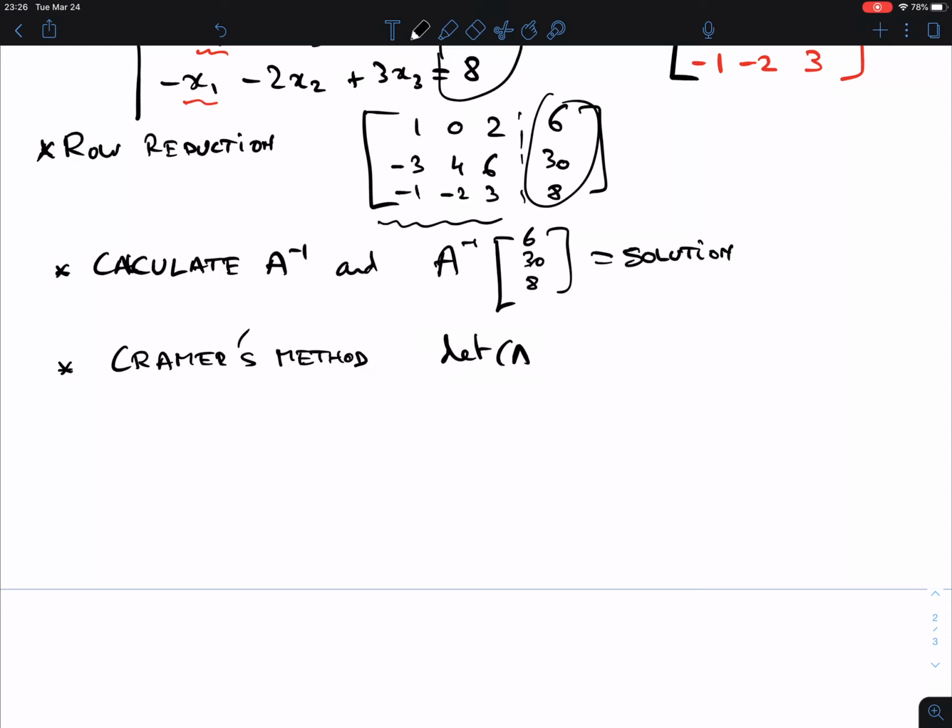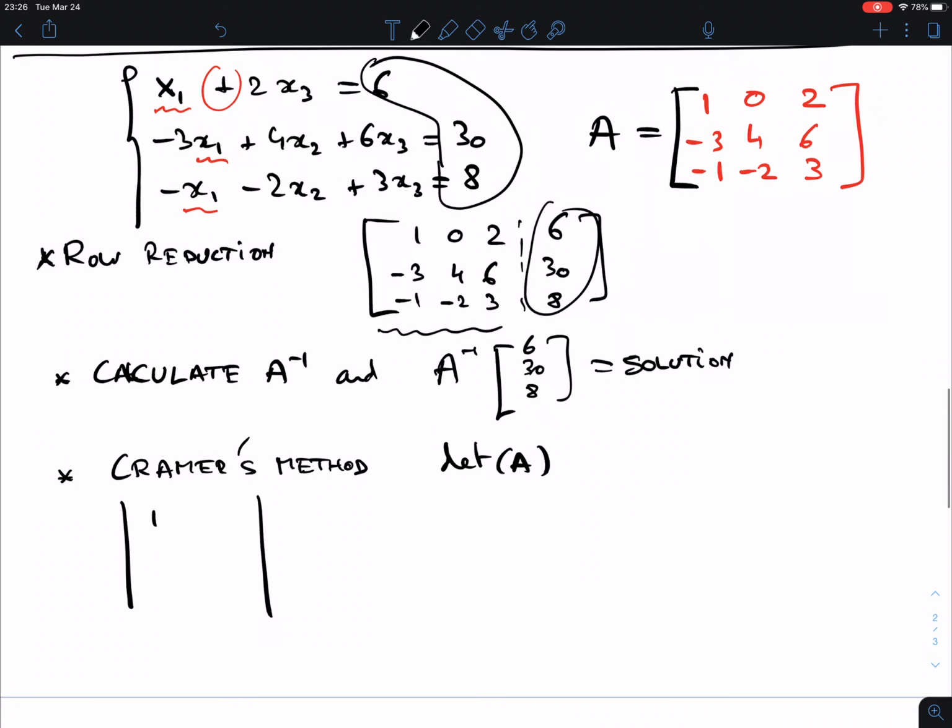Let's do that first. Okay, so the determinant of A, our matrix was 1, 0, 2, -3, 4, 6, -1, -2, 3. And we're going to have to do quite a lot of determinants, as I said. So perhaps for a change, let's do expansion along row 1.